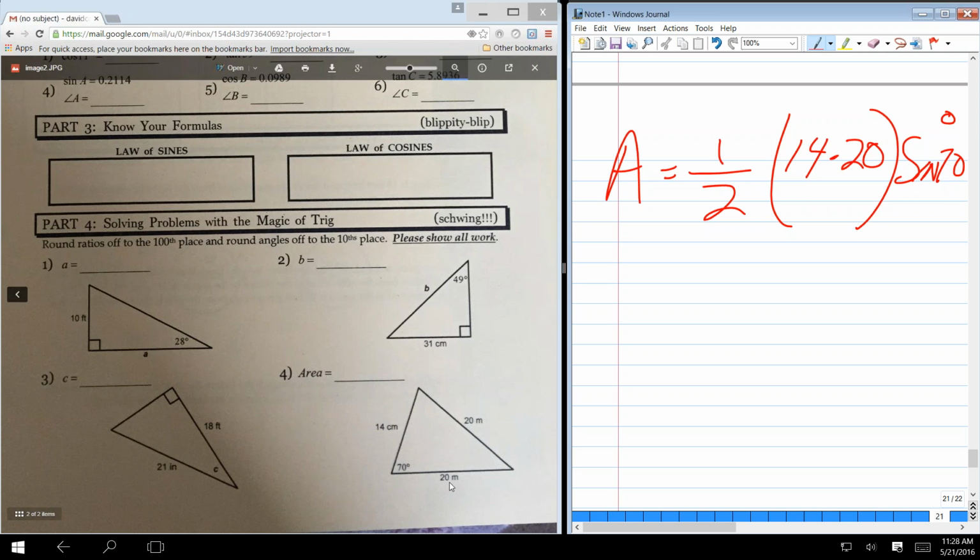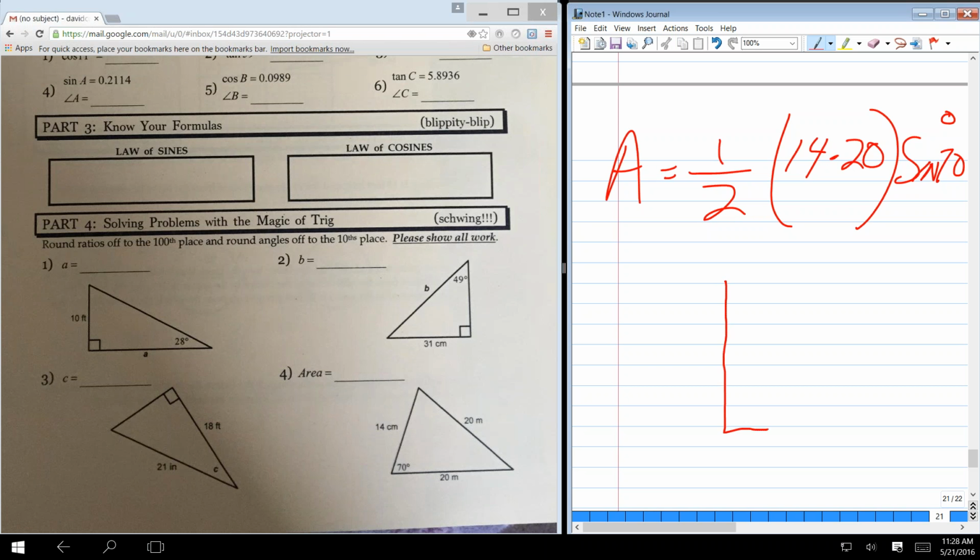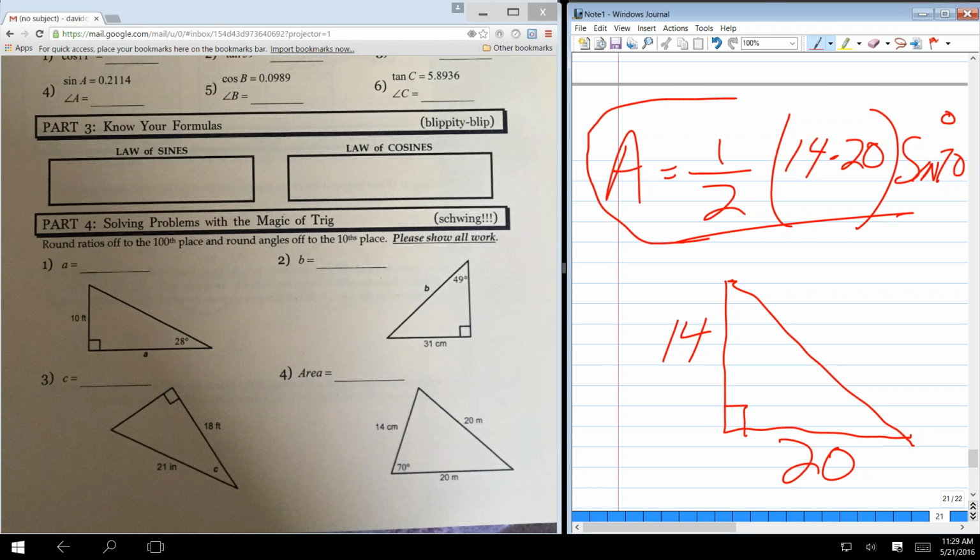Perhaps the way to memorize it is to think, what if the triangle was a right triangle, and this was 14, and that was 20? Well, now we know what 1/2 base times height is. It's that. And if that angle was a right angle, sine of 90 degrees would be 1, and it would work perfectly. So by deduction, that has to be the right equation.